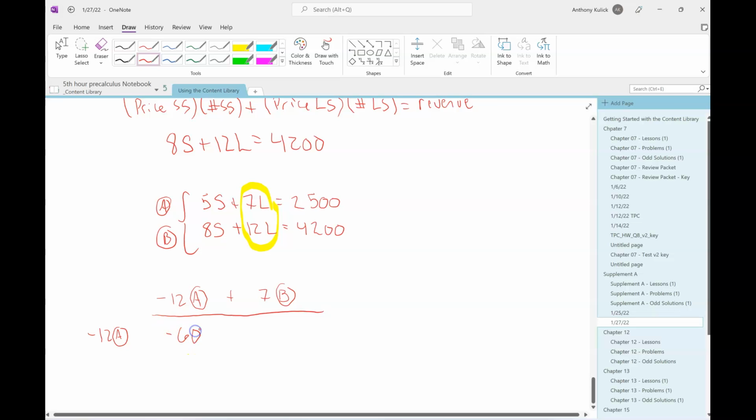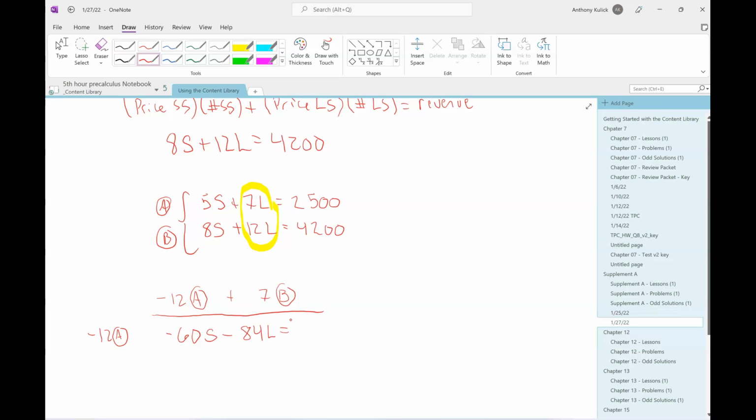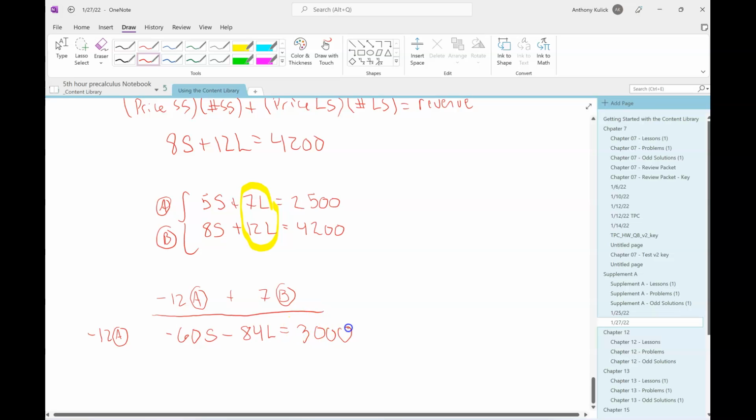Anyways, negative 12 times 5 is negative 60. Negative 12 times 7 is negative 84. And negative 12 times 2,500 is too early in the morning for me to reliably think I have that. What is it going to be, like 60,000 or something? 30,000. Oh, yeah, of course. Negative 30,000 because it was negative.